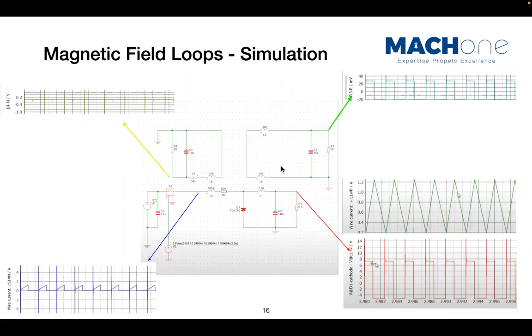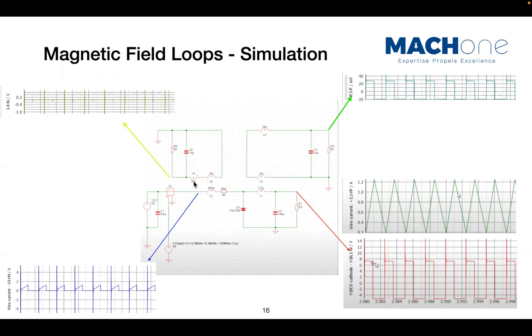As you can see, the output voltage of the magnetic field loop is a di over dt result. So for example, if I measure the voltage drop across this inductor, then I get something like a square wave voltage shape, which is the same as my voltage here.